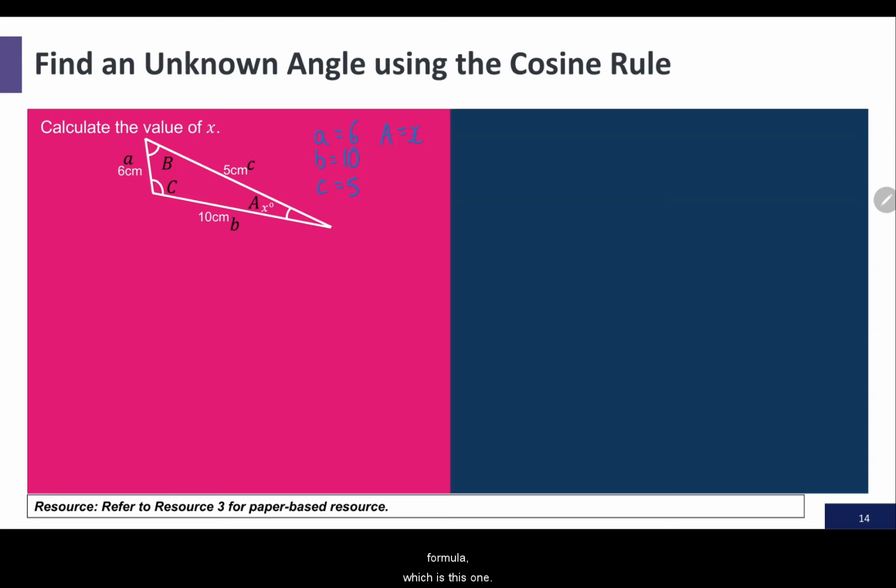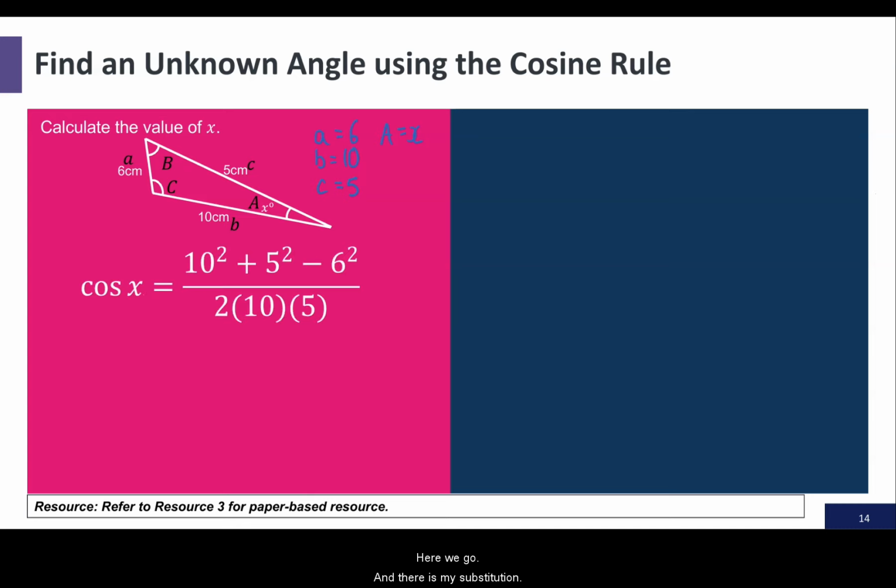So I'm using the rearranged formula, which is this one. And the only thing which is really important is that we get the capital A and the lowercase a in the correct places. Here we go. And there is my substitution.